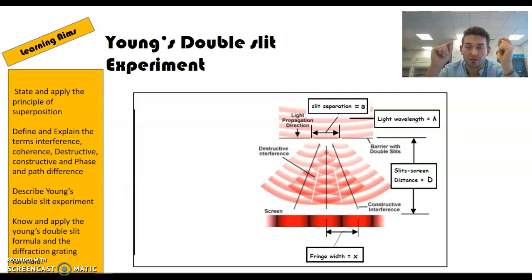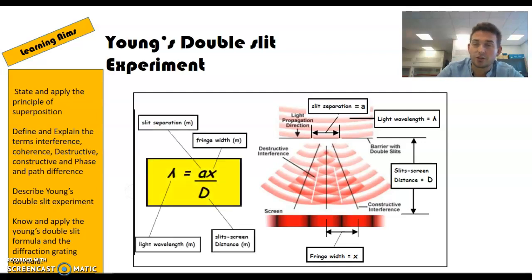So through this, you could measure a, D, and x and determine the wavelength of light. It took the form: lambda equals ax over D. So that's a formula that you need to know, and you need to be able to use. You get given it in the formula book, so don't worry about that. But yes, this is Young's double slit formula.